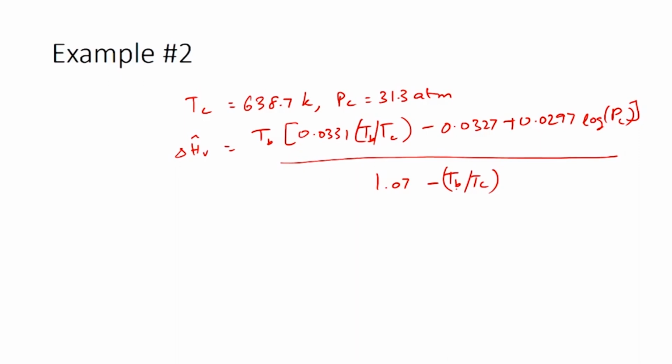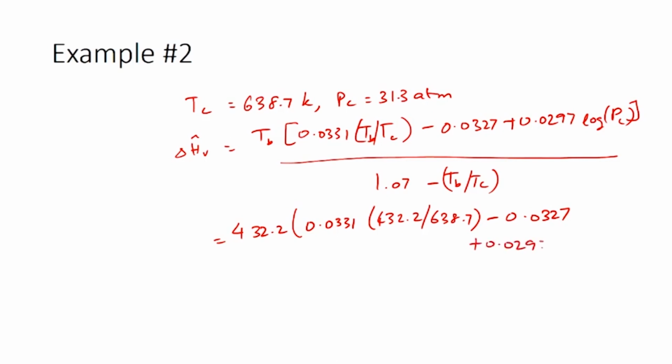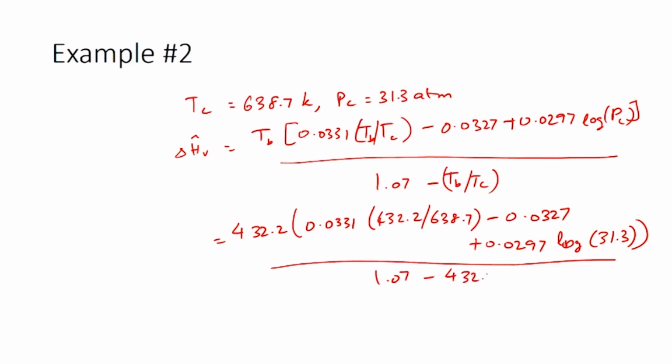Substituting the values we get 432.2 times 0.0331 times 432.2 divided by 638.7 minus 0.0327 plus 0.0297 times log of 31.3, which is the critical pressure, divided by 1.07 minus 432.2 divided by 638.7.